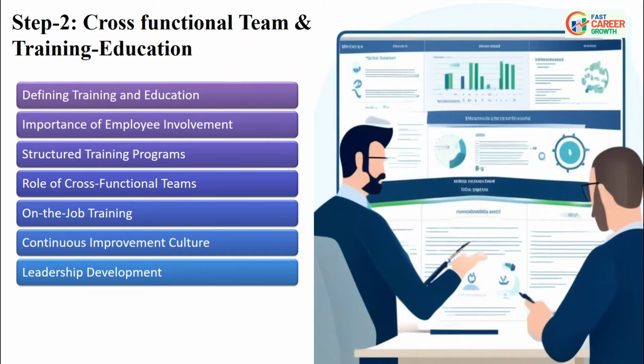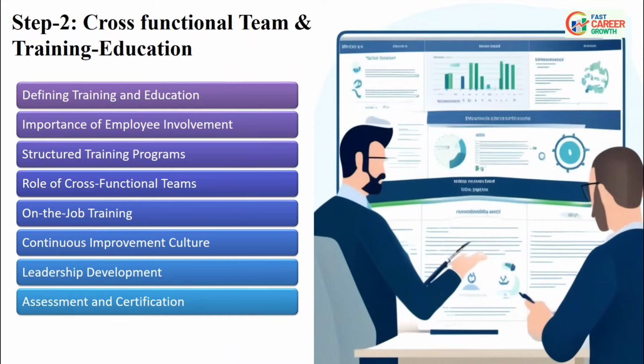Mention that leadership development is a key aspect of training and education, as leaders play a crucial role in driving TPM initiatives and culture change. Assessment and certification. Explain how assessments and certifications can be used to measure the effectiveness of training programs and ensure that employees have acquired the necessary skills.